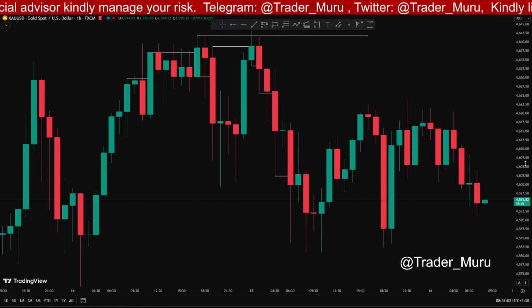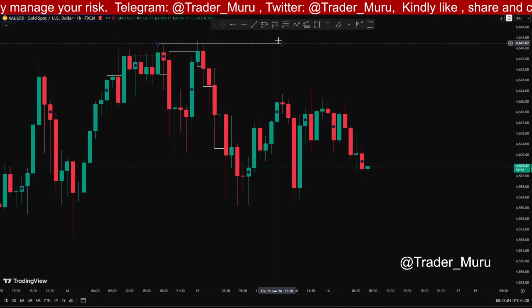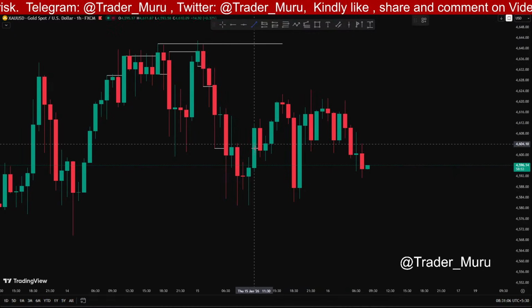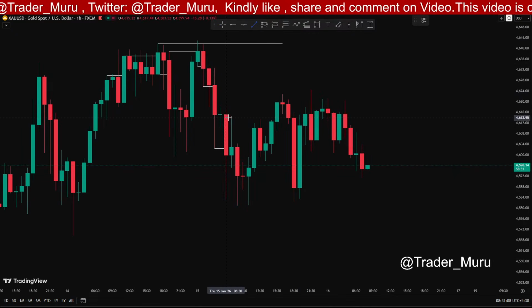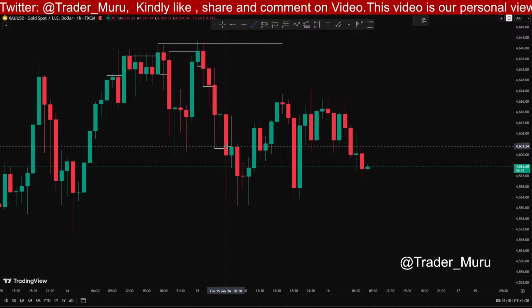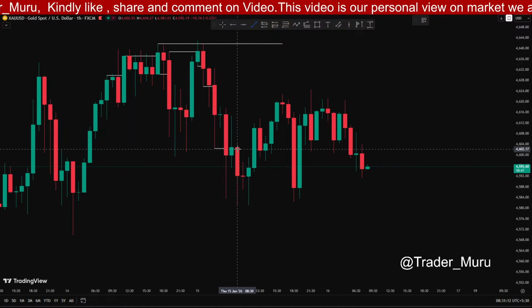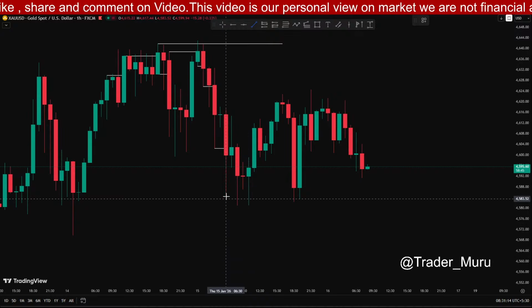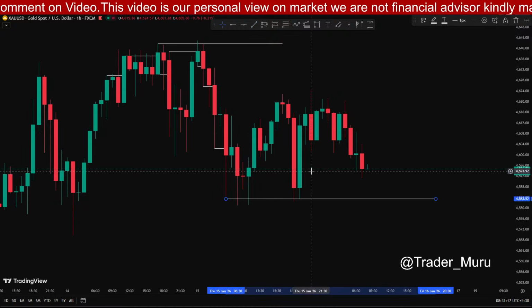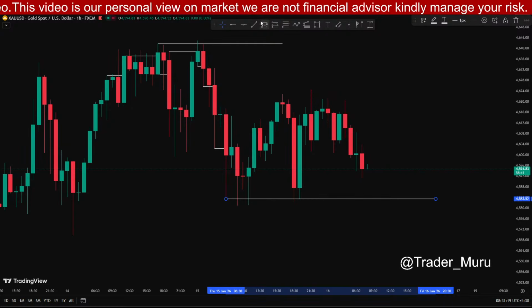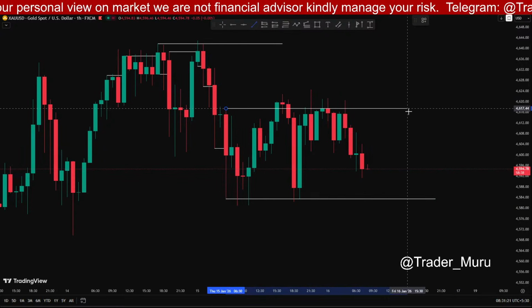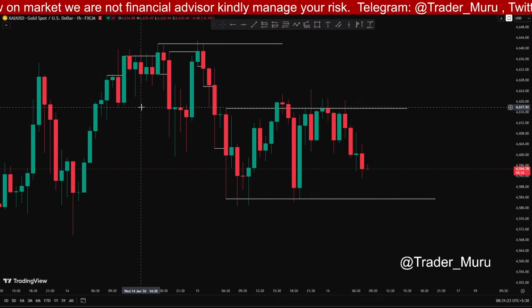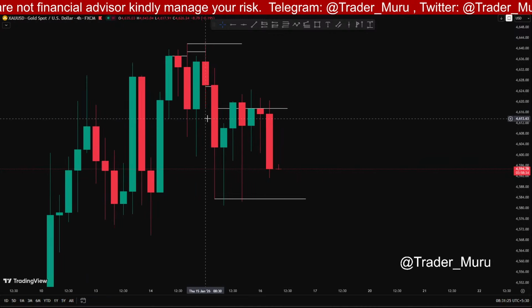See, this is how you play this structure. It's breaking the previous candle low and closing a candle, it will continue. But if it is not closing below the previous candle low, then you can expect market to sweep its high. This is 1 hour, 4 hour it will be much clear.